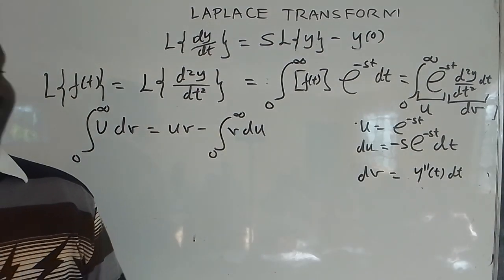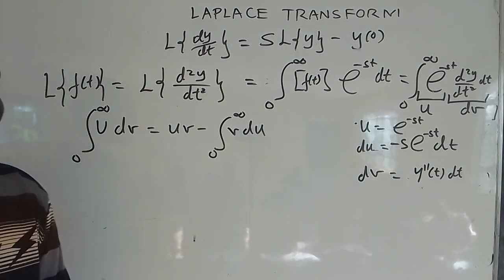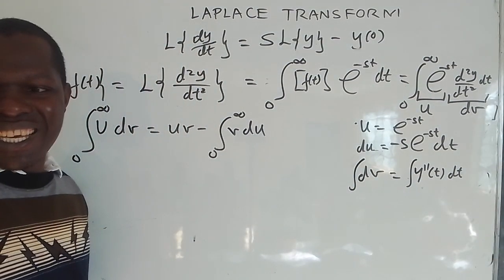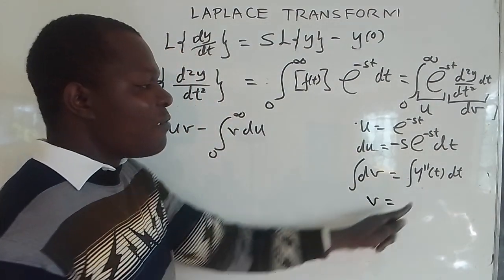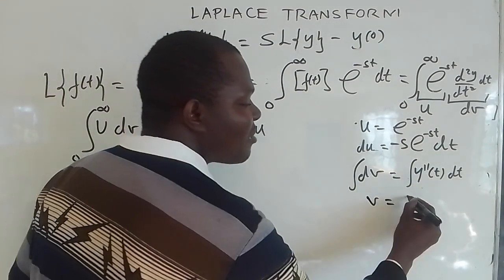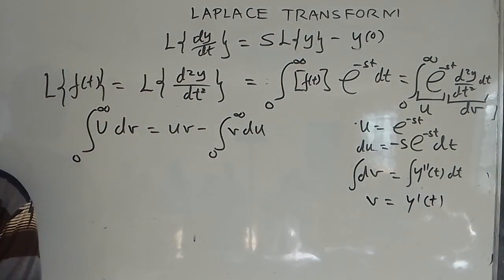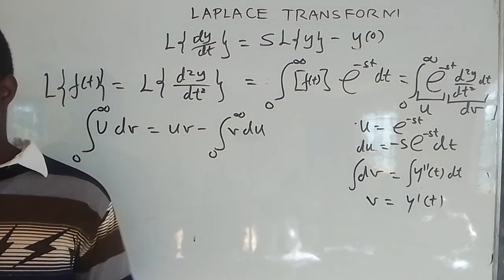Meaning you have differentiated y twice with respect to t. So for you to get v, you must introduce an integral on both sides, isn't it? So from here, d goes with that, you remain with v. If you integrate y double prime, it becomes y single prime, isn't it? Are we together? Yes, if you integrate y double prime, it becomes y single prime in that order, okay?